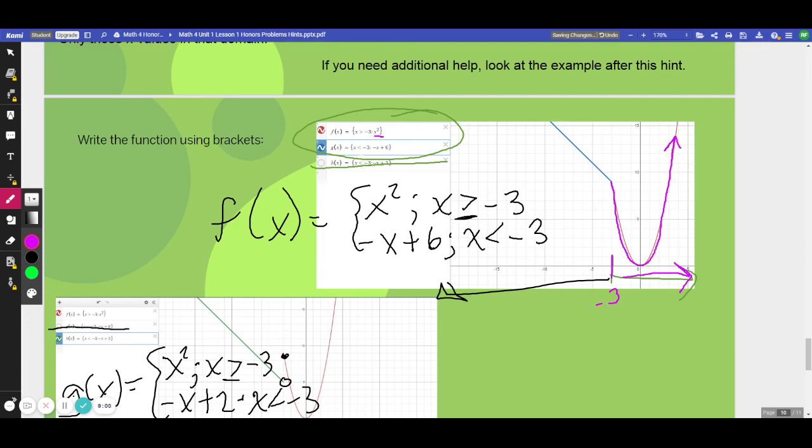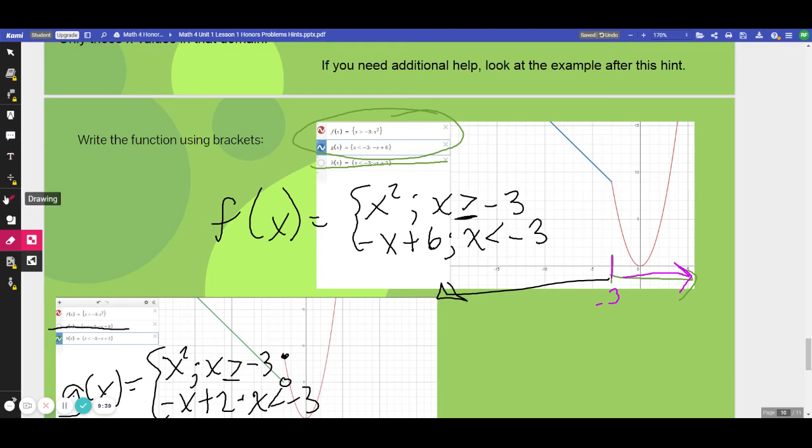But if I go less than -3, I have a different function, this linear function that is -x plus 6. Notice they still meet even though they're different functions. At x equals -3, whether you plug into the first piece of x squared or the second piece of -x plus 6, you're still going to get a value of 9. So basically they meet there.